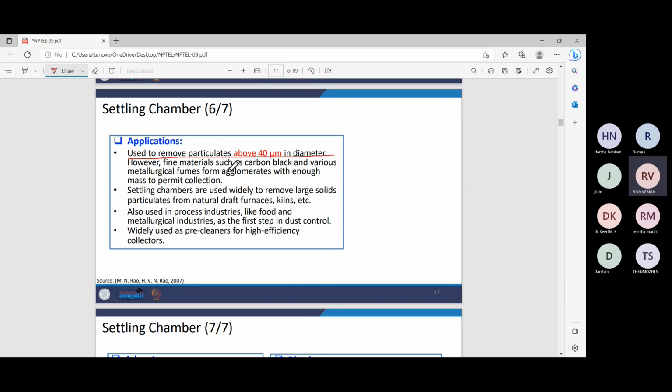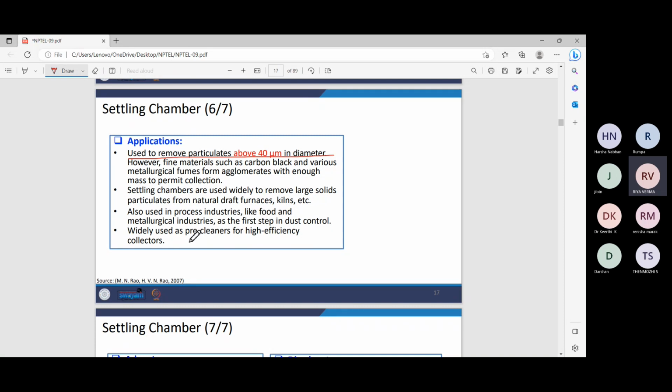These are generally used to remove large solid particles, for example from furnaces or kilns, and also in process industries like food and metallurgical industries. To control the dust, we can use these settling chambers.